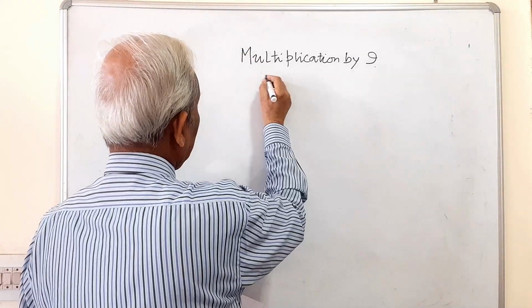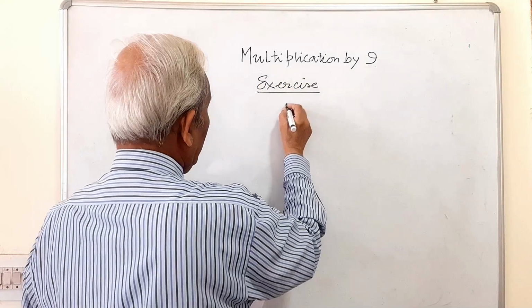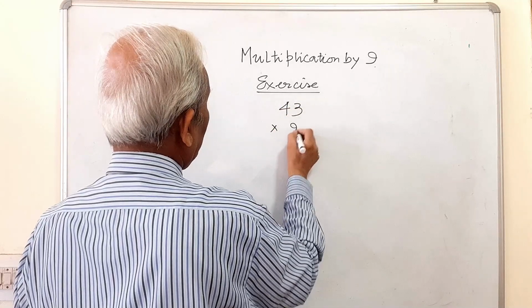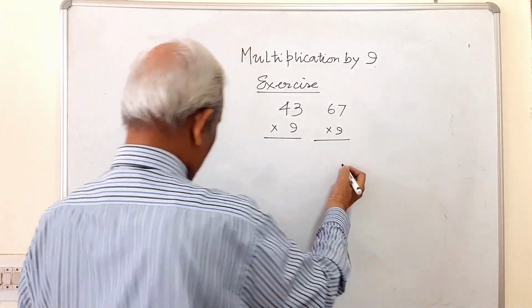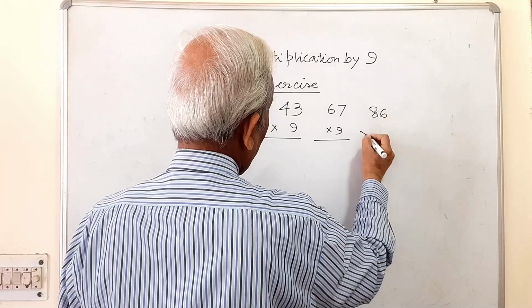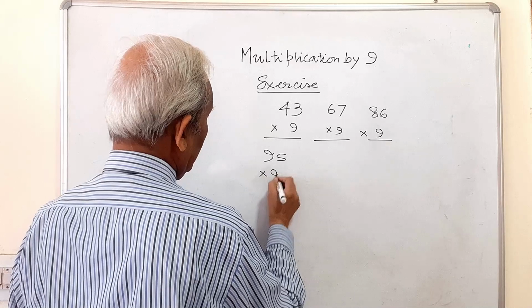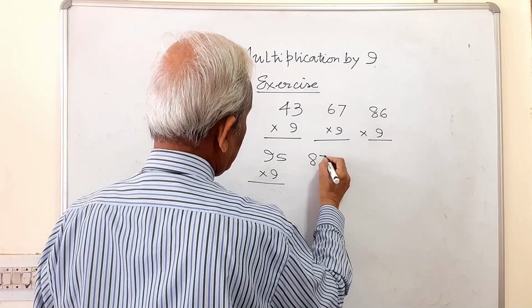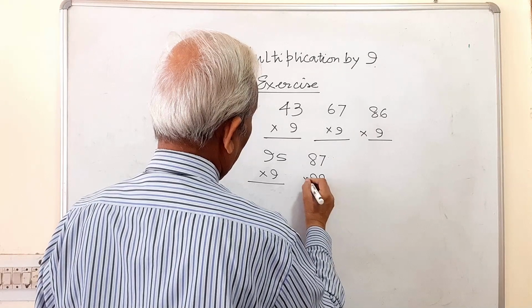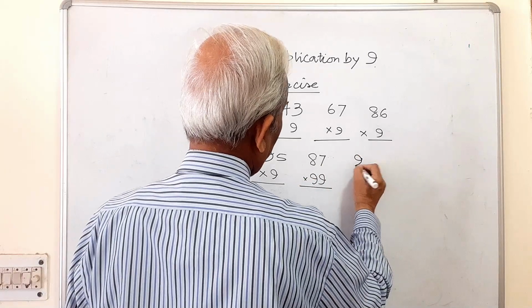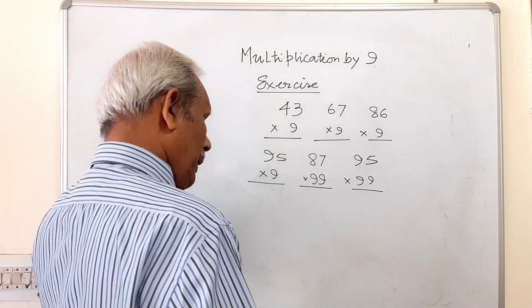Exercise: 43 into 9, 67 into 9, 86 into 9, 95 into 9, 87 into 99, and 95 into 99. Do try these six questions by this method.